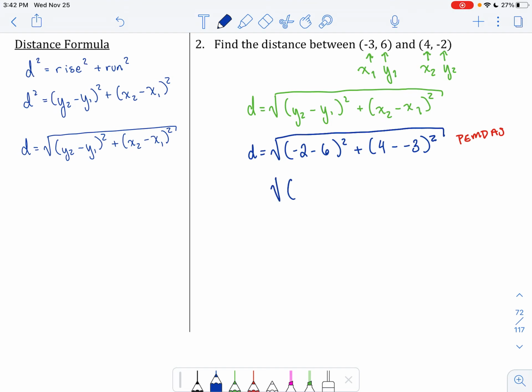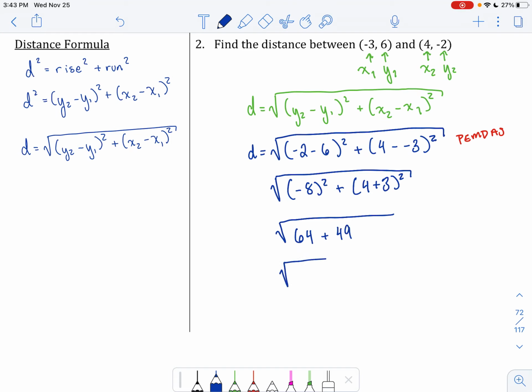So in this case, that's negative 8 squared plus, and then this is 4 plus 3 if you want to write it out to simplify those negatives. I strongly encourage that. So then we have 64, remember we're expecting positives, plus 7 squared, which would be 49, which we can add together inside of the square root to 113.